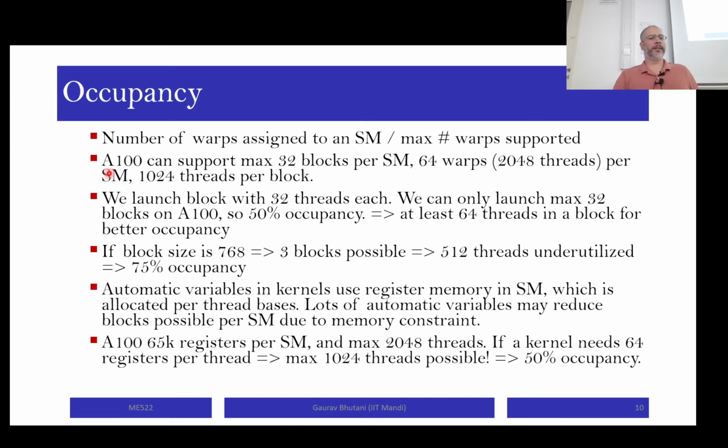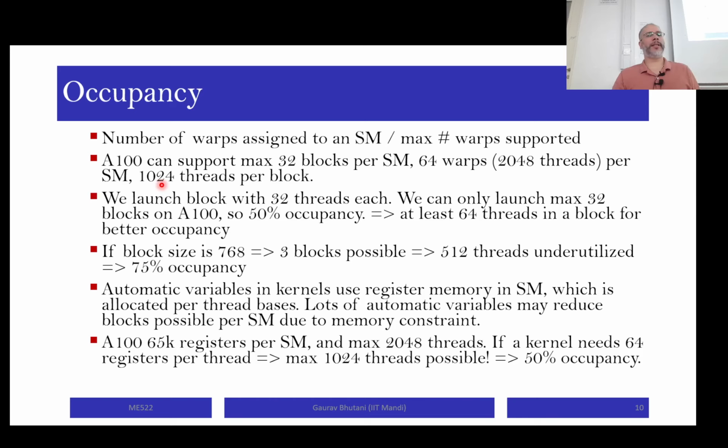The NVIDIA A100 GPU can support a maximum of 32 blocks per streaming multiprocessor or 64 warps per SM. That is, it can schedule or support 2048 threads per streaming multiprocessor.